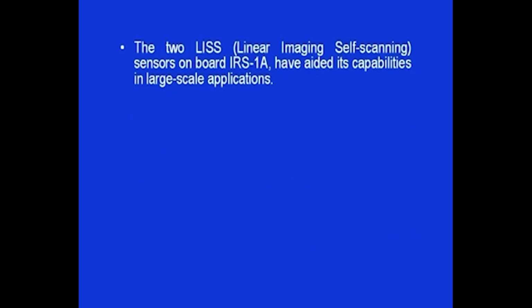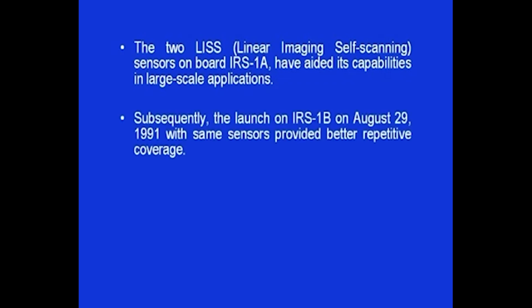The 2 LISS, that is linear imaging self-scanning sensors, onboard IRS-1A, have aided its capabilities in large-scale applications. Subsequently, the launch of IRS-1B on August 29, 1991 with the same sensors provided better repetitive coverage.